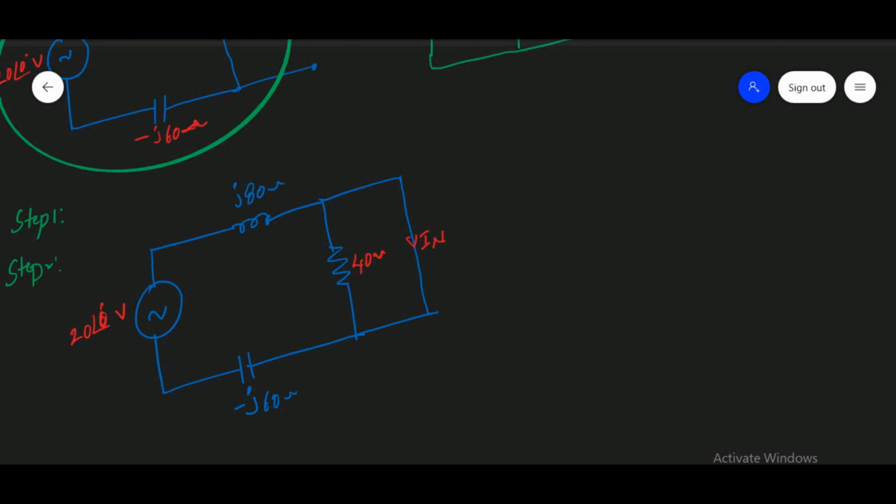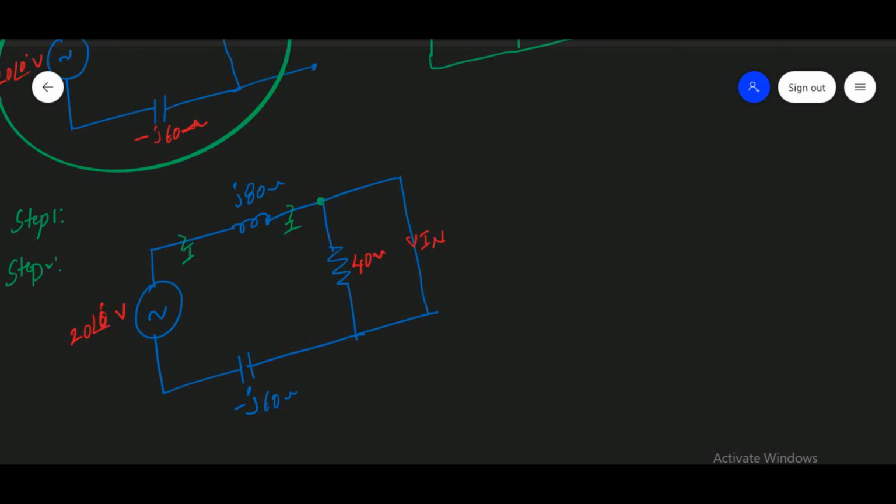Now let us do the current distribution. The current supplied by the circuit, let us consider I, flows through this inductor. The same amount of current reaches this point, where it checks whether it has to take the bifurcation.